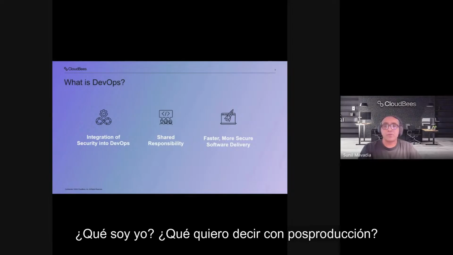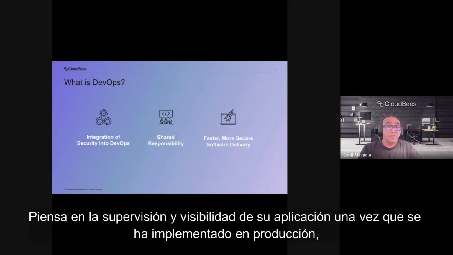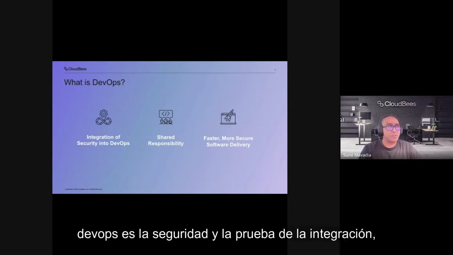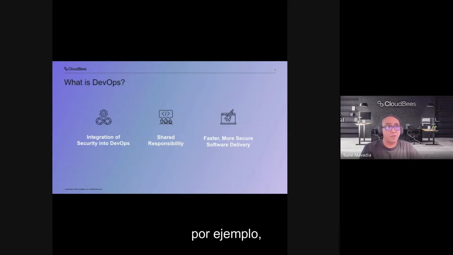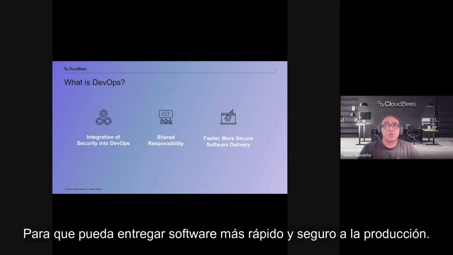What do I mean by post-production? Think of monitoring and visibility of your applications once they've been deployed to production, right? So in essence, DevOps is integration of security and testing, for example, into your SDLC, a shared responsibility, collaboration, right? So that you can deliver faster and more secure software to production.